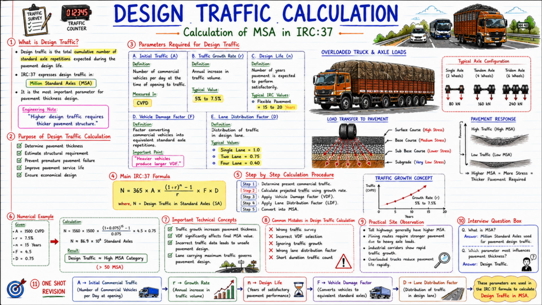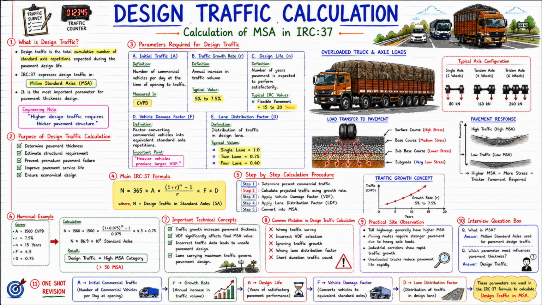Step 3. Apply vehicle damage factor, i.e. VDF. Step 4. Apply lane distribution factor, i.e. LDF. Step 5. Convert final value into MSA. Now this is the whole pavement design traffic calculation process.